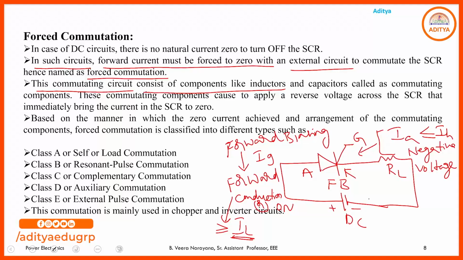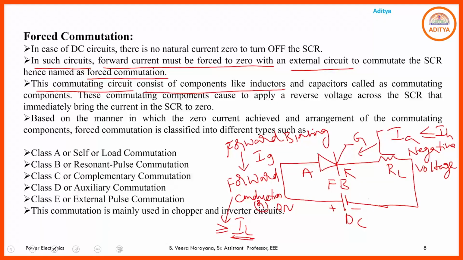Based on the manner in which the zero current is achieved and the arrangement of these commutating elements, the forced commutation circuits are mainly classified into 5 types.